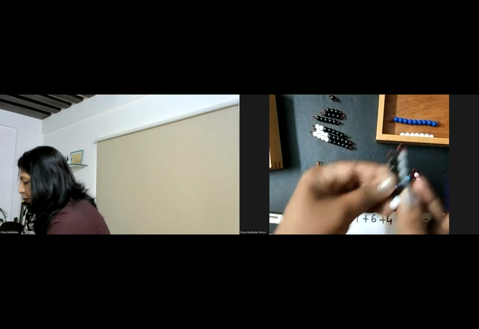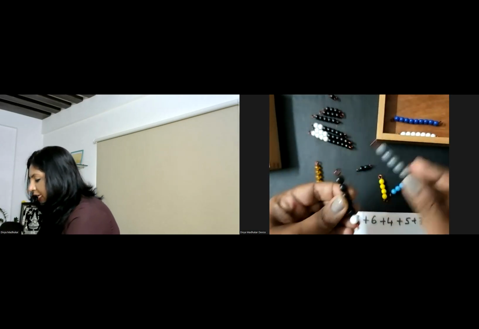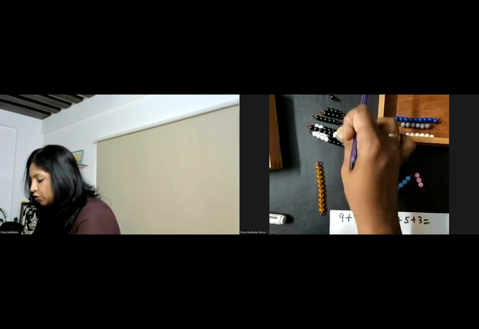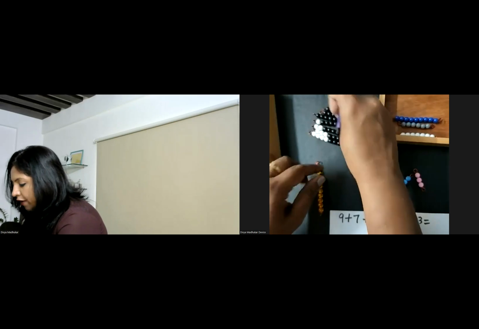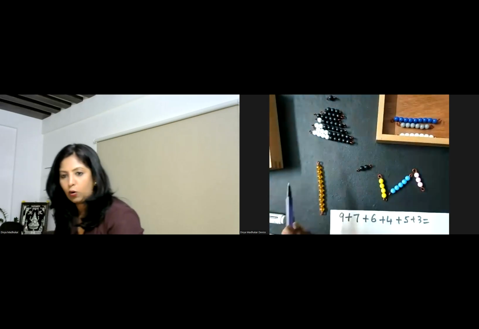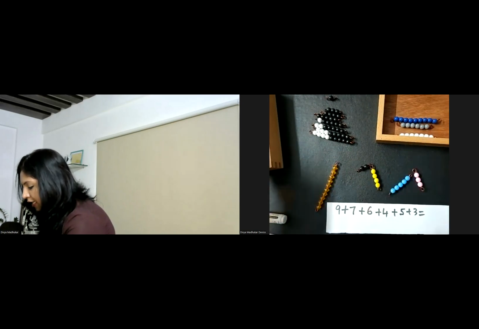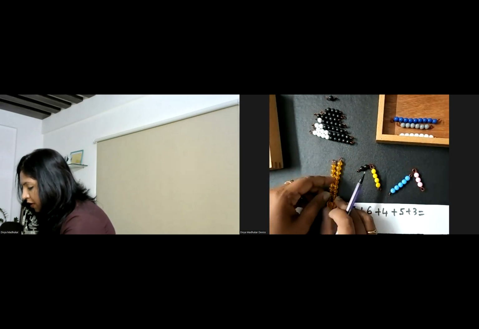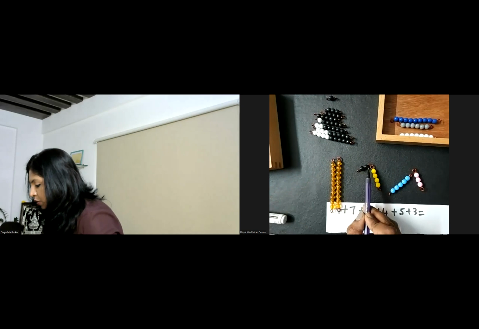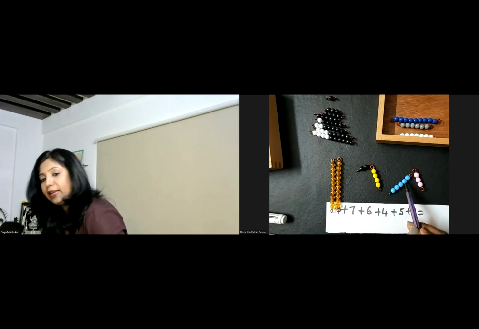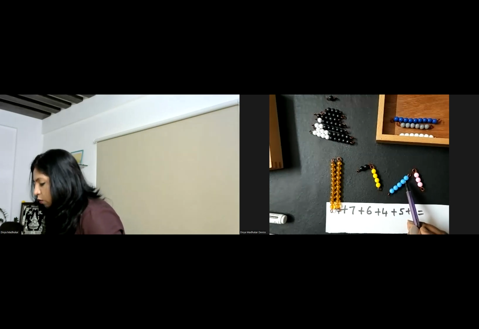Both I cannot put into the replacing tray. Only the gray will go here. The black will go back to its position. Always remember, the black will go back. Only the colorful beads will be replaced. Now start counting. I had replaced with a 10 bar. 1, 2, 3, 4, 5, 6, 7, 8, 9, 10. How many are remaining? 1 is remaining.